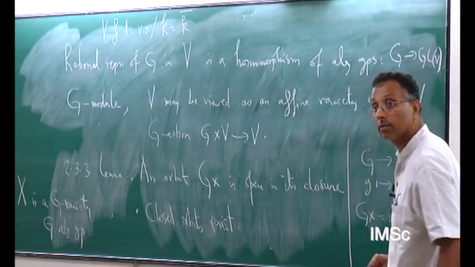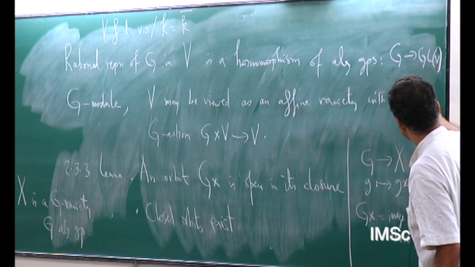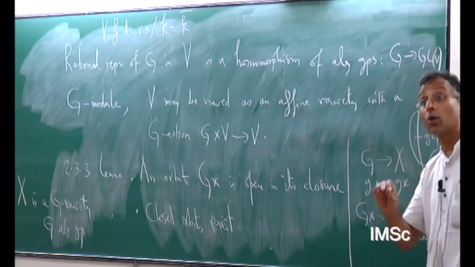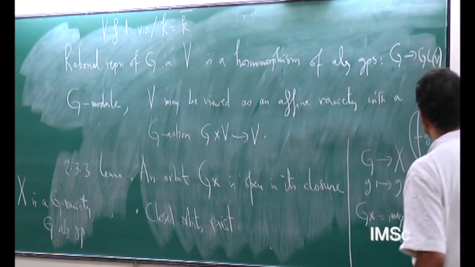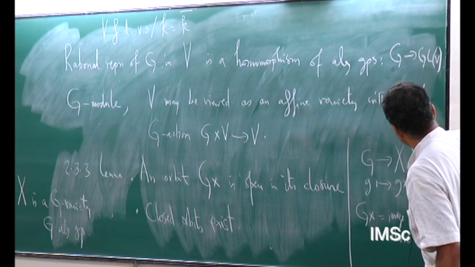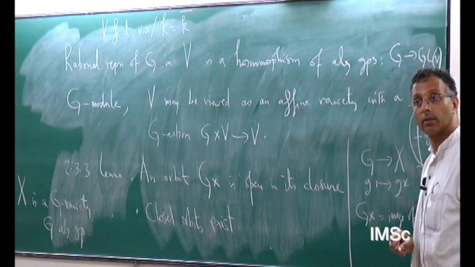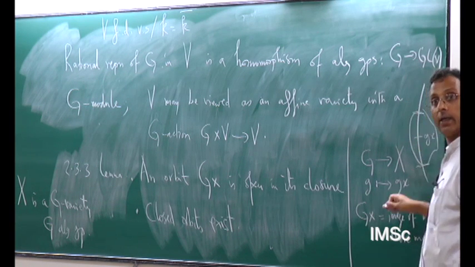This is my orbit, and it contains a non-empty open subset of its closure. The open set is, say, this one. But I claim every element is contained in an open set.